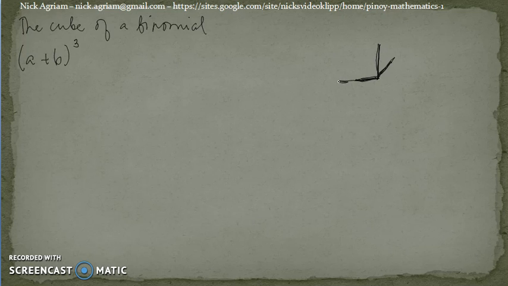If this is A, and this is also A, and this is A, then the volume is A times A times A, and we have A raised to the power of 3, or the cube of A.